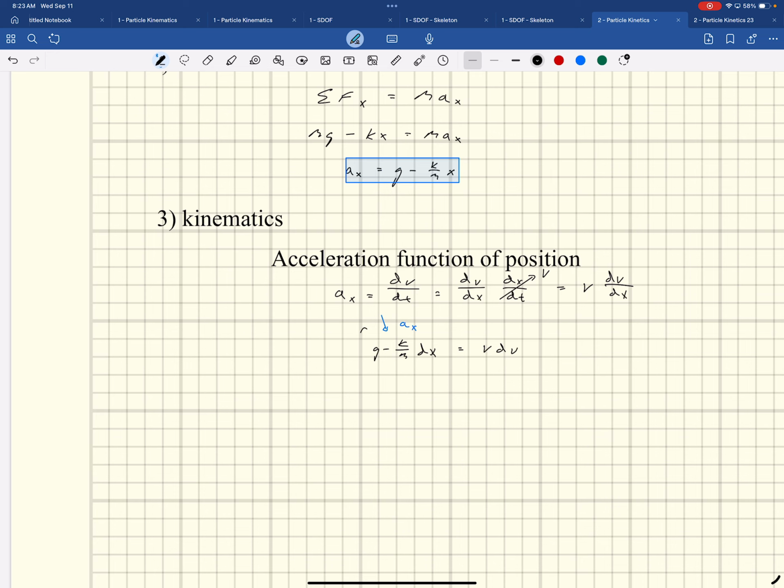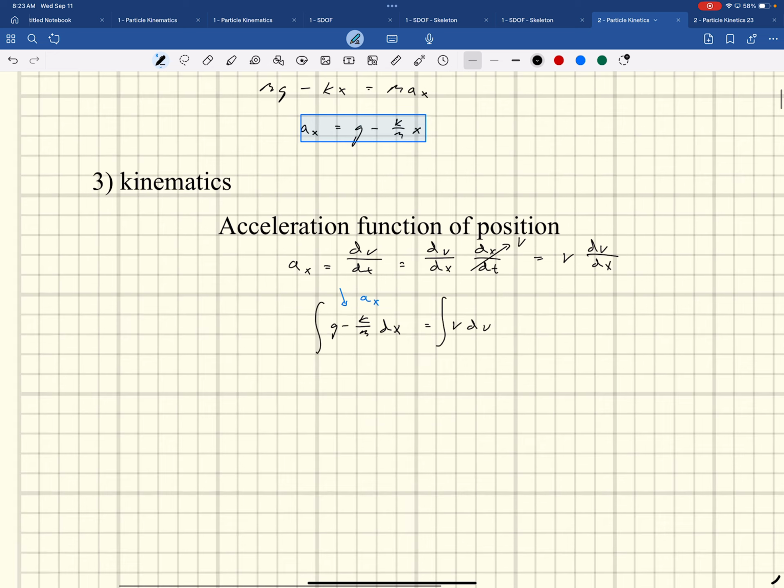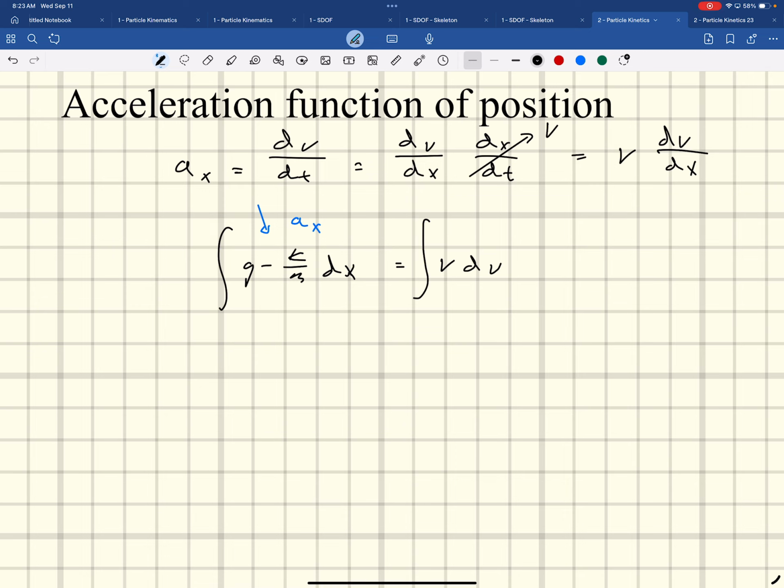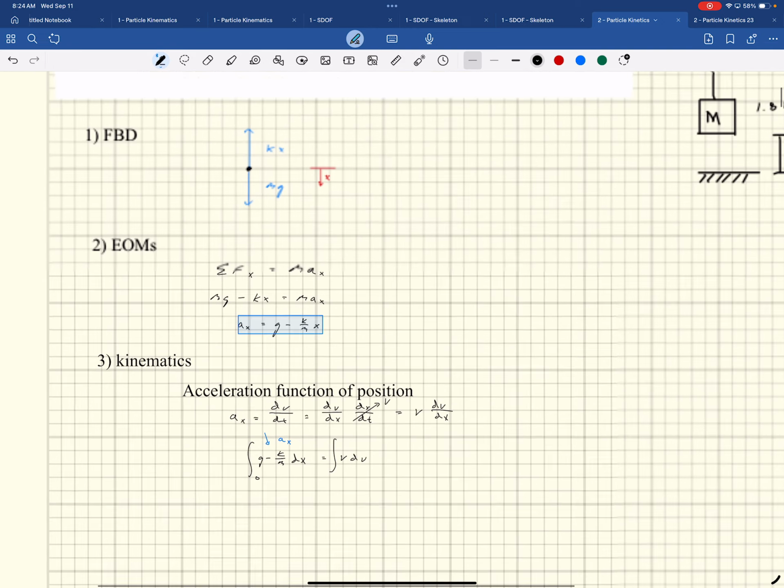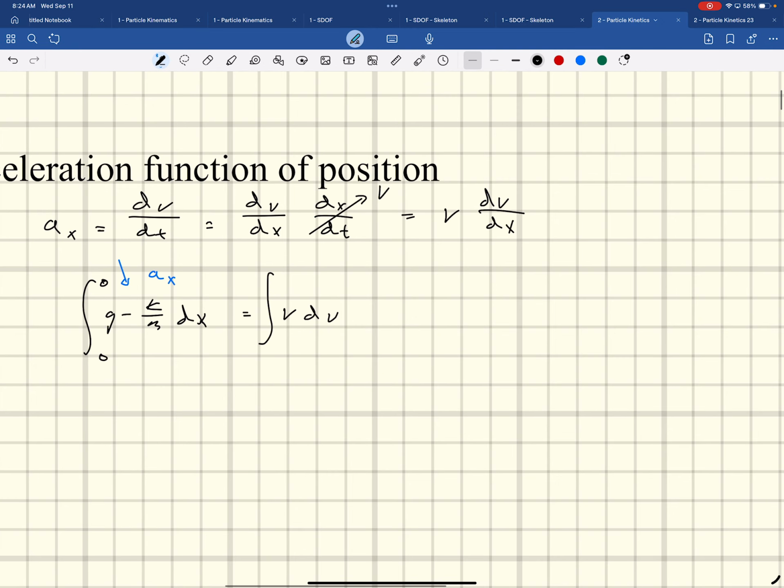Right, and I integrate both sides. So this is going from 0 to 0.3, and this is going from 0 to v_f. And that's what we're after, is what that v_f is. And so I just put in my definite limits. Do you have to put the definite limits in here? No, you could solve those integrals as indefinite integrals and then apply boundary conditions and then figure out what the constants were and then come back and put the values in there.